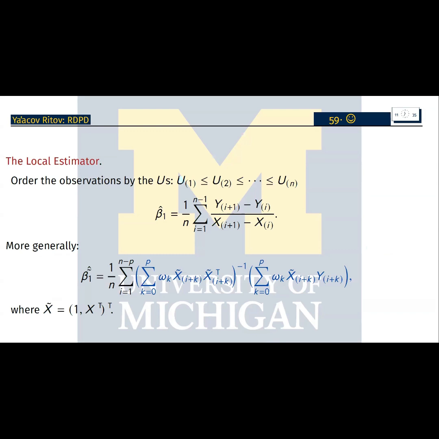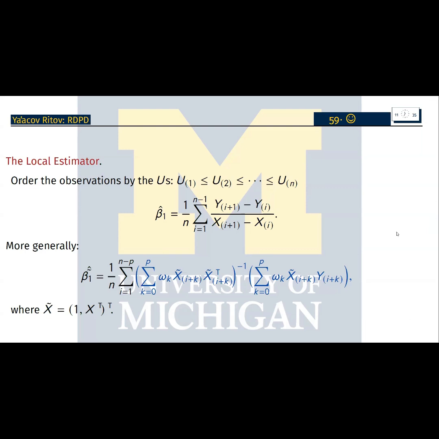by their natural order. The y and the x will be ordered accordingly, and my estimate would be the slope in each small interval, which is simply the difference between y i plus 1 and y i divided by x i plus 1 minus x i.